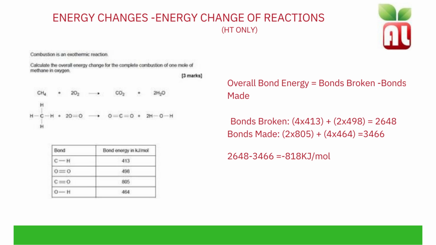And as bond making is the opposite process, that must mean it is exothermic. Therefore, the calculated value for making bonds being greater than the energy required for bonds breaking means the overall reaction will be exothermic, giving a negative overall energy change.